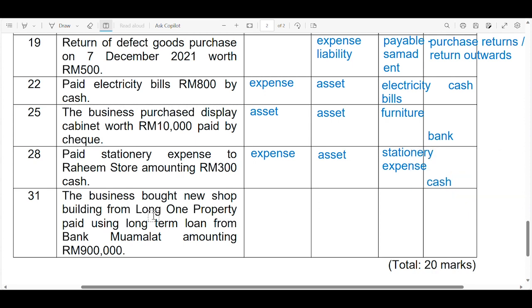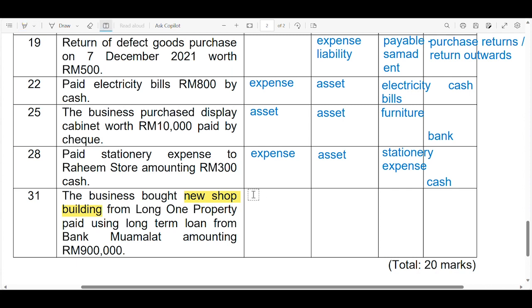The business bought new shop building from Long One Property, paid using long-term loan from Bank Muamalat amounting 900,000. Previously the business most probably did not own any building. So when the business bought new shop building, there's an increase in the business asset.